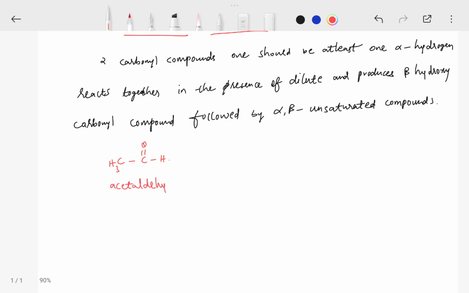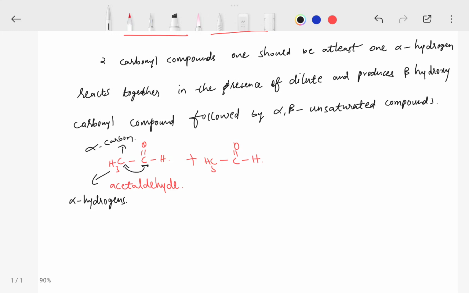Two acetaldehydes are taken, and they have alpha hydrogens. In a carbonyl compound, the next carbon is called the alpha carbon, and the hydrogens attached to the alpha carbon are called alpha hydrogens. Three alpha hydrogens are present in acetaldehyde.